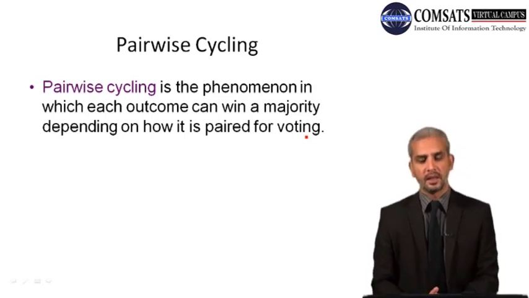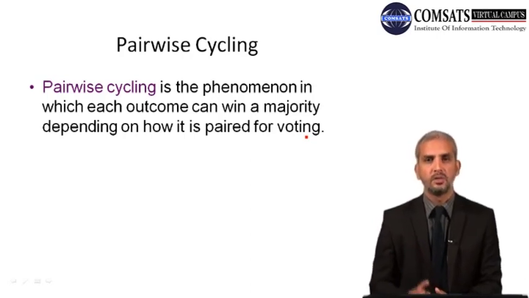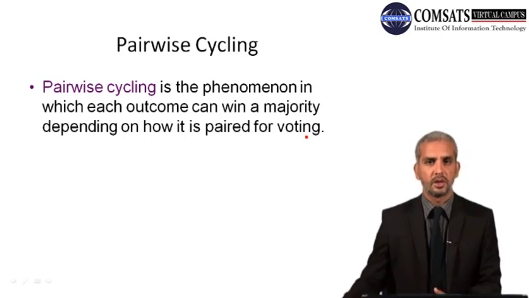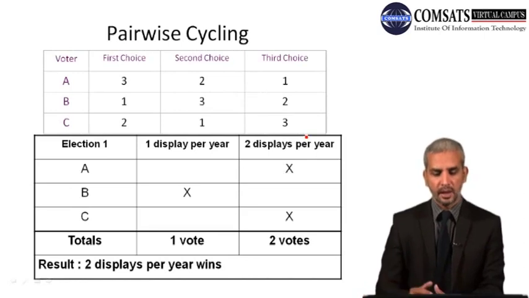When they vote, that results in a political outcome in which two of the scenarios would gain a majority, and of course there would be confusion.